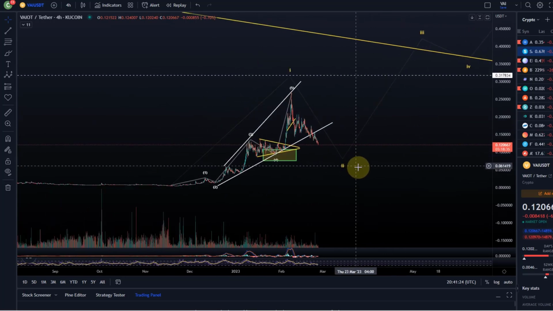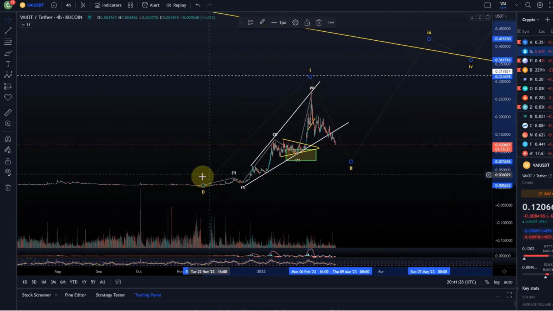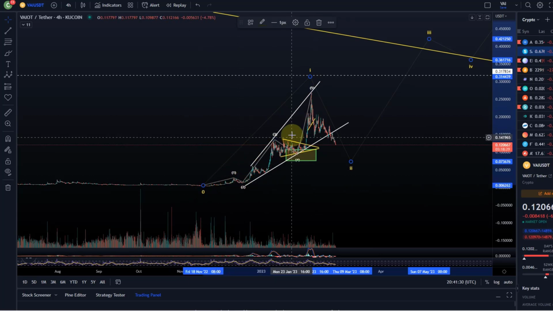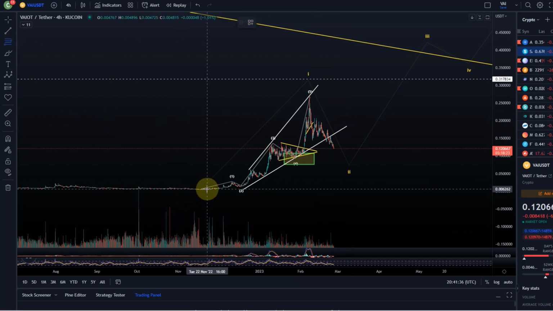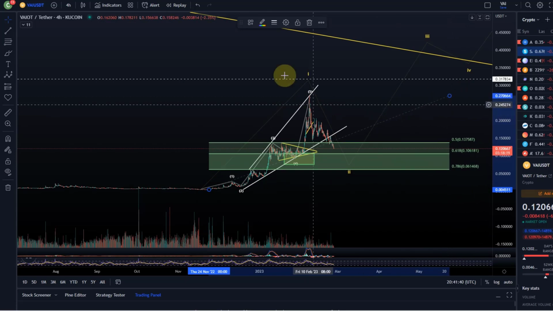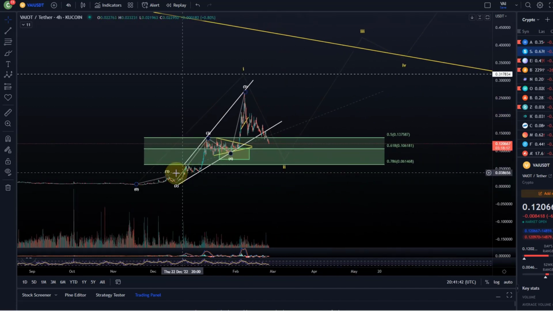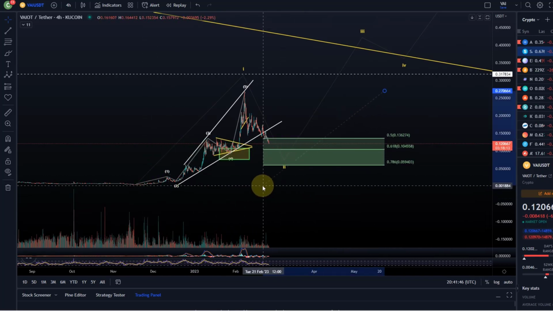What does that mean? That means they need to show us that they can hold a wave 2. With a diagonal, whenever you get that and you understand it from a structural point of view, the wave 2 is the moment of truth. When it hits wave 2 support, this is what it needs to hold. And we are now in wave 2 support. So let me just draw that correctly here onto the chart.